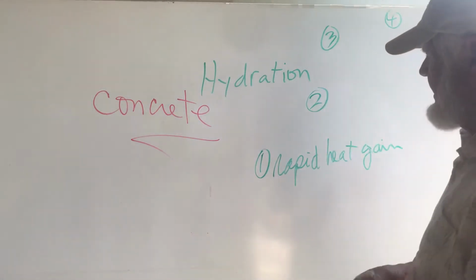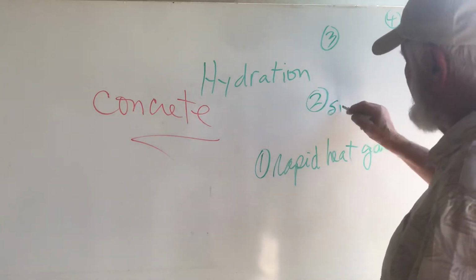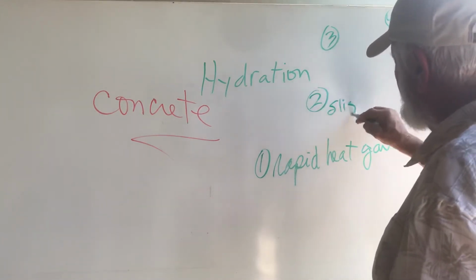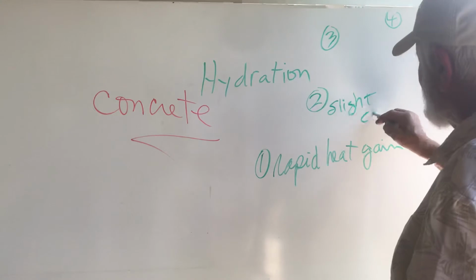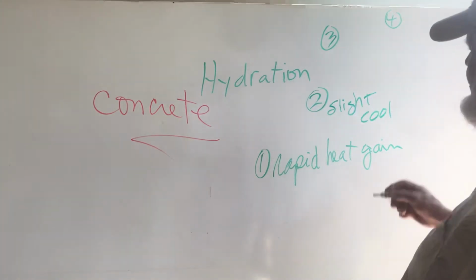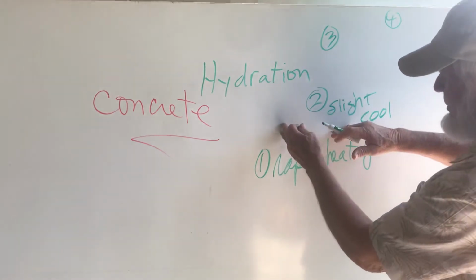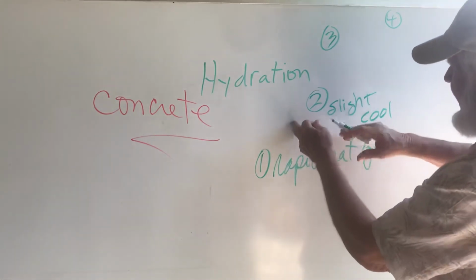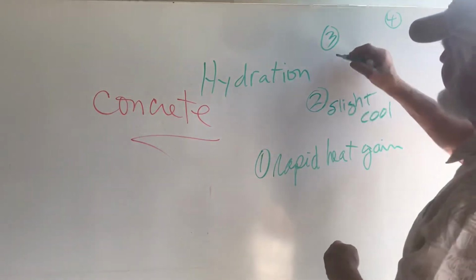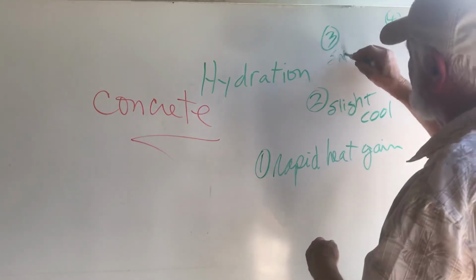Number 2 is a slight cool off, a slight cooling thing, and this is where the concrete really is being put into the forms at this time. Number 3, there's a slight heat gain.